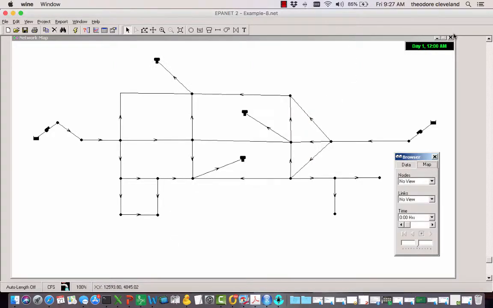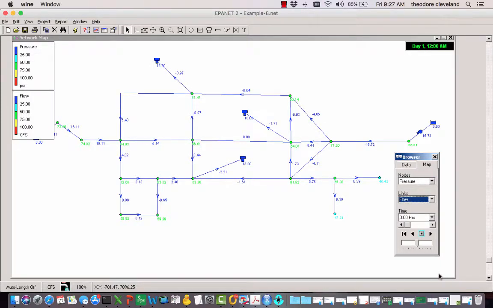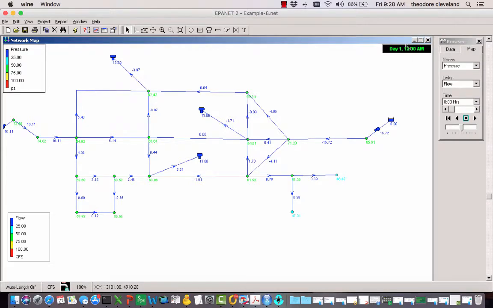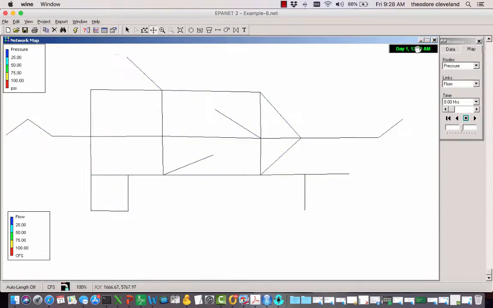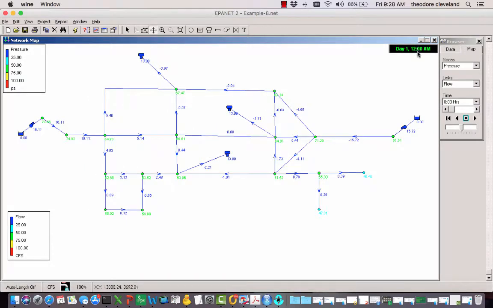So everything's set. We'll do pressure and flow. There we go. And over here is a tool to advance the snapshots of the simulation.